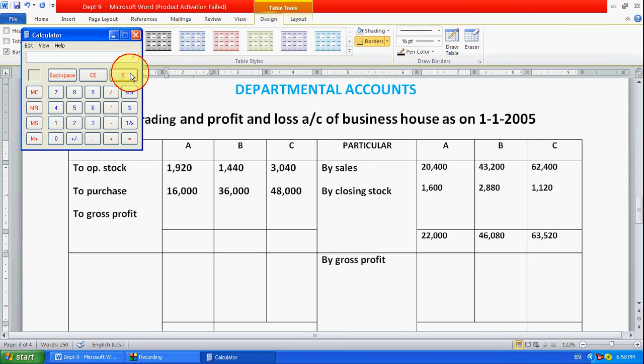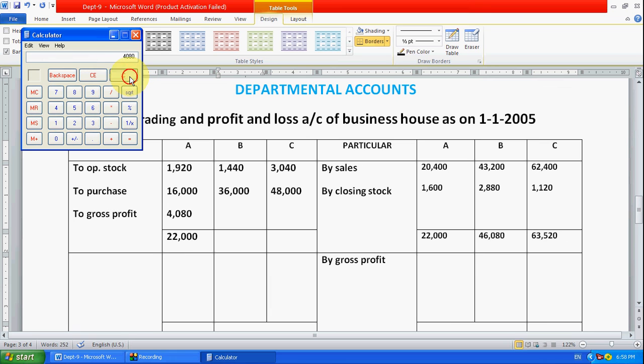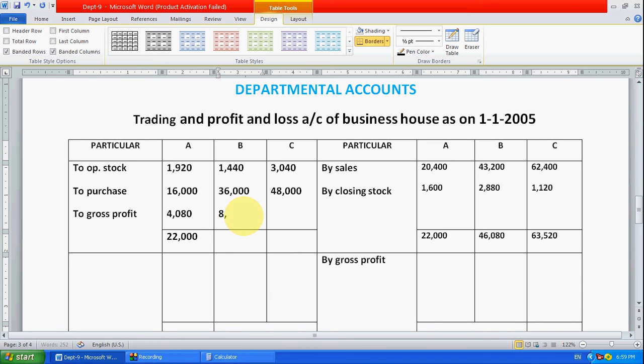Here calculate the gross profit. 22,000 minus 1920 minus 16,000, 4,080. So right here 4,080. Now calculate this one: 46,080 minus 1440 minus 36,000, so 8,640. Right here 8,640.